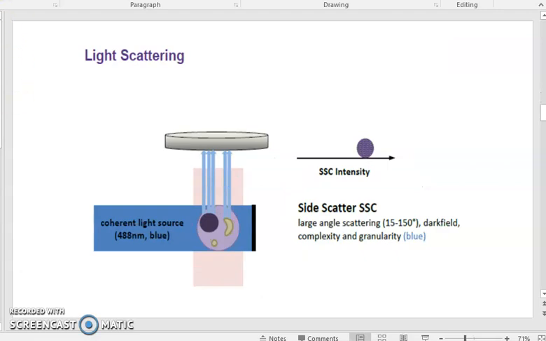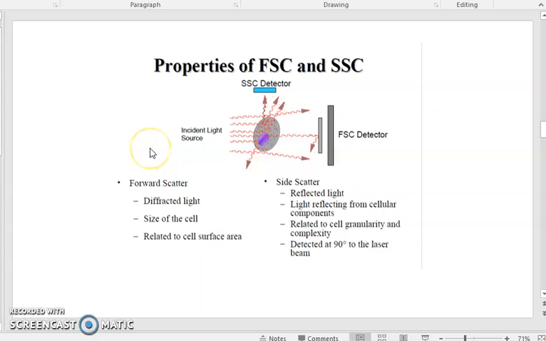Next one is the SSC system. The SSC system shows large angle scattering in the range of 15 to 150 degrees, which is mostly used for dark field complexity and granularity determination. The difference between FSC and SSC is given here. The forward scatter system shows diffracted light.